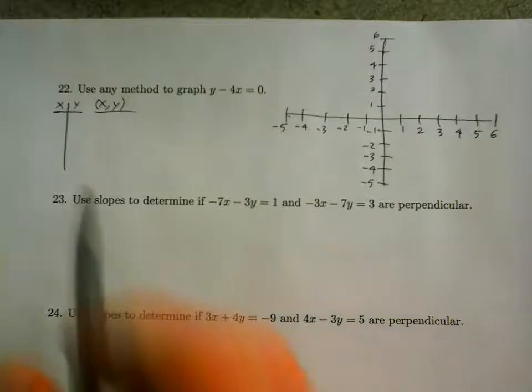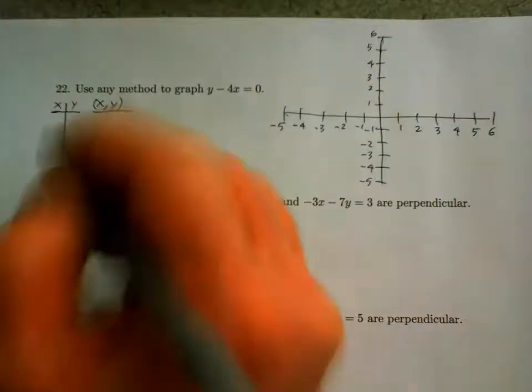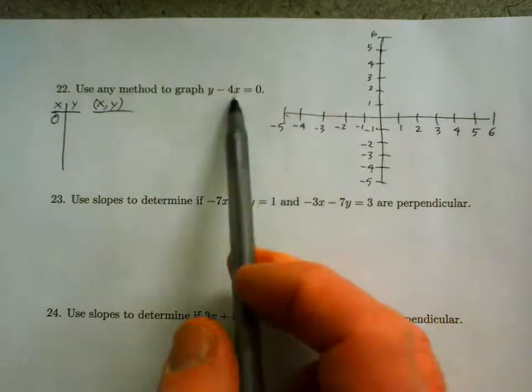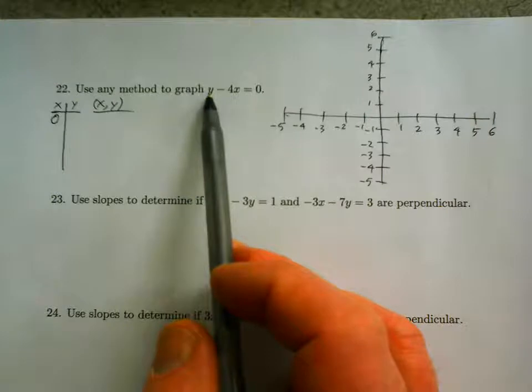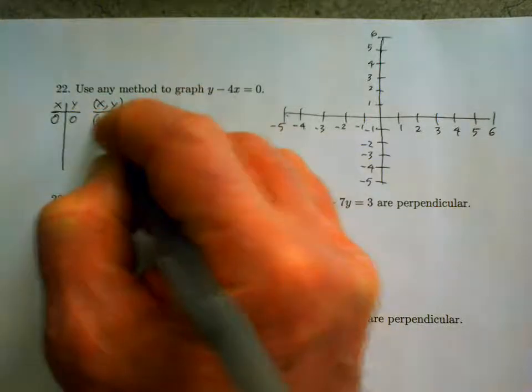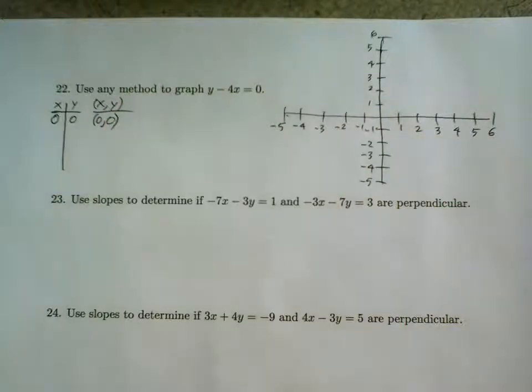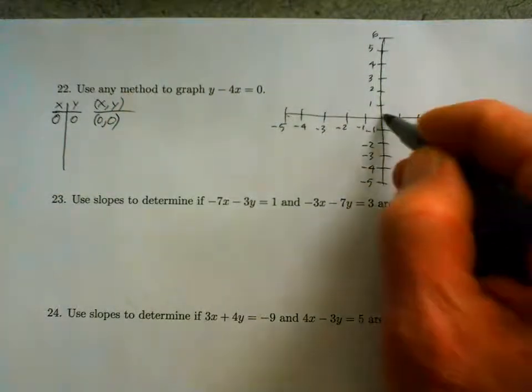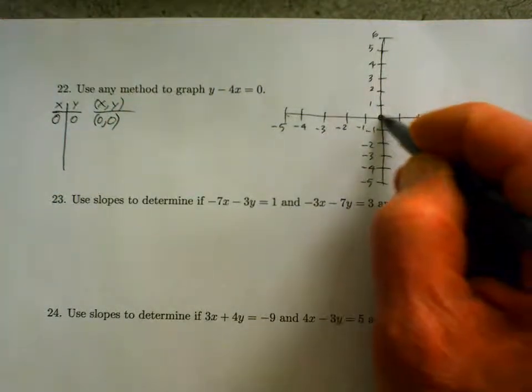Okay, let's start by picking x to be 0. When x is 0, we get y equals 0. So we have the ordered pair 0, 0, a point on the line.